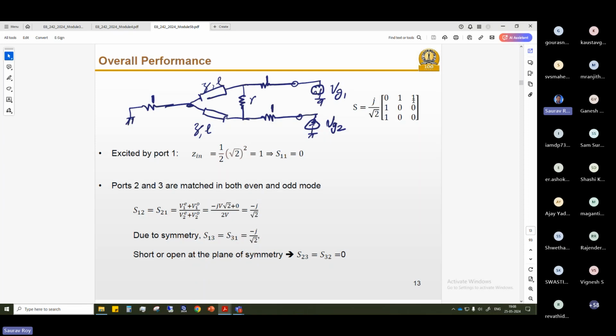So basically you get half power, 3 dB power going into port 2 and port 3. And why is J there? J means there is a phase shift of pi by 2 because it's a lambda by 4 line. So there will be a phase shift of pi by 2. Okay, so that is the theory. Through basic intuition, you can understand what will be happening. If you give from port 1, what should be at port 2 and 3? There will be phase shift as well, right? As well as amplitude change because of power division.